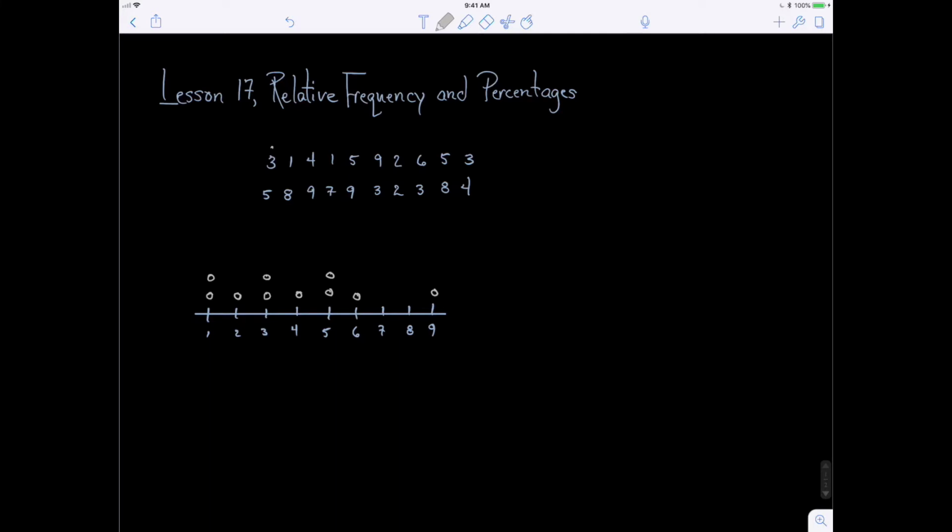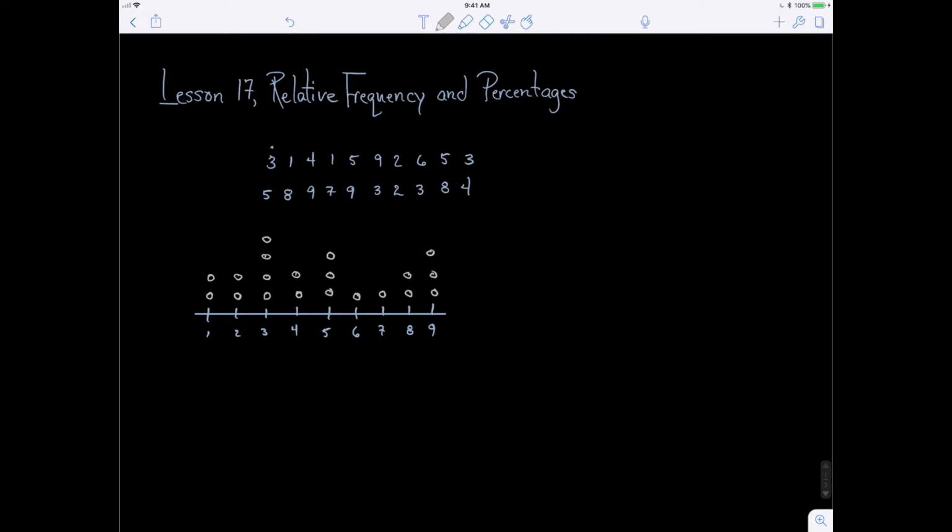My next row is 5, 8, 9, 5, 8, 9, 7, 9. Whoops, these couple dots could be a little bit better. Let's put those back. There we go. 3, 2, 3, 8, and 4. There we go.